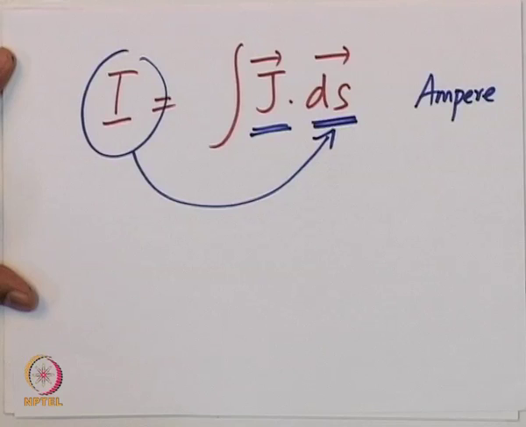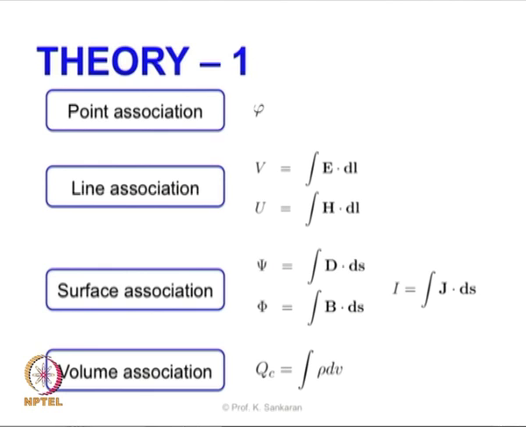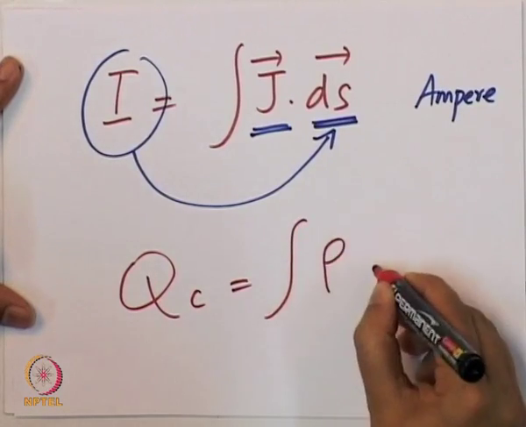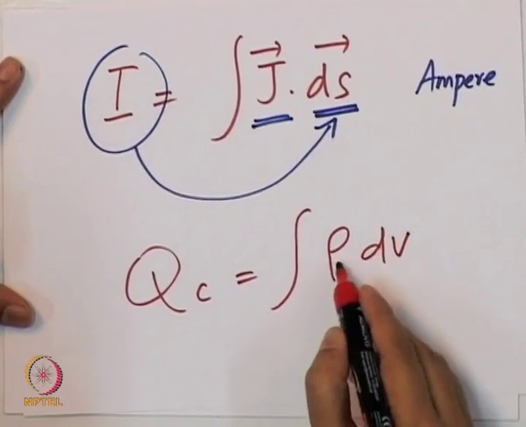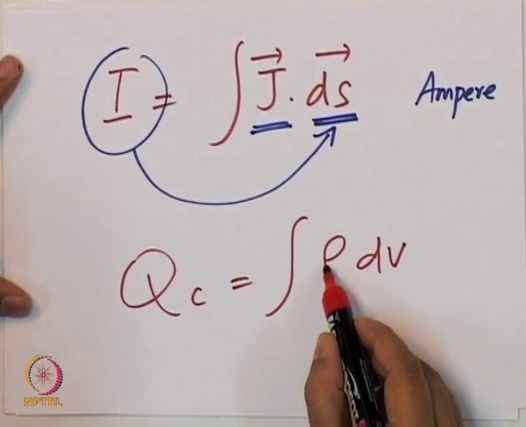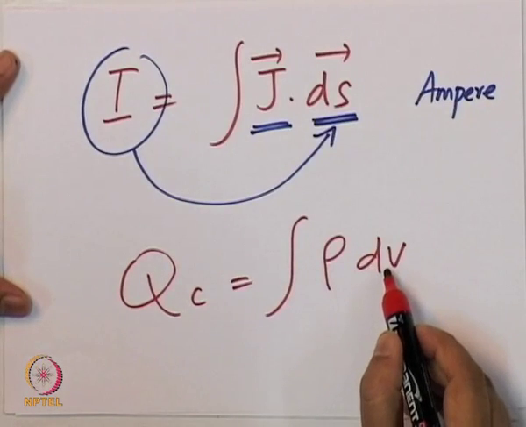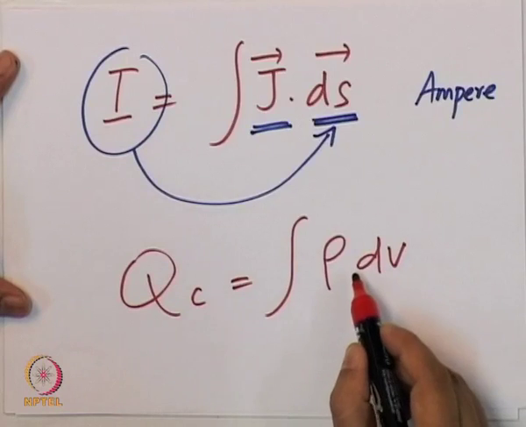There is something missing, which is the volume association that we are going to see in the next slide. In the volume association we have a quantity which we call Q_C, the charge content. So the charge content is equal to integral rho dV, where rho is the volume charge density multiplied by the volume.